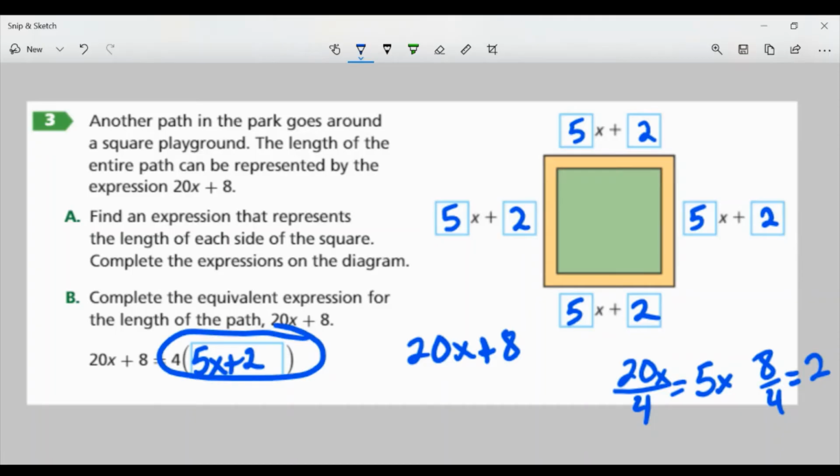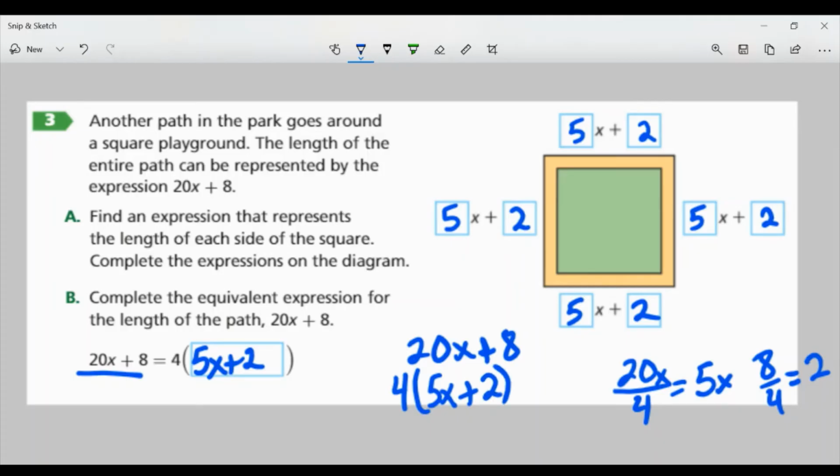This right here would be the factor of 20x plus 8, right? Because for 20x plus 8, if I factor out a 4, 20x divided by 4 is 5x, plus 8 divided by 4 is 2, right? These are equivalent to each other.